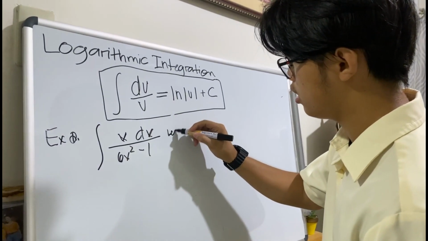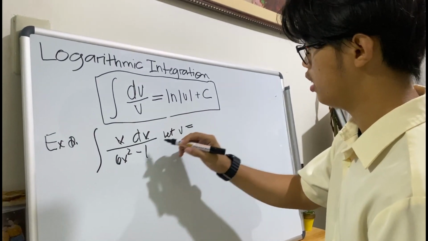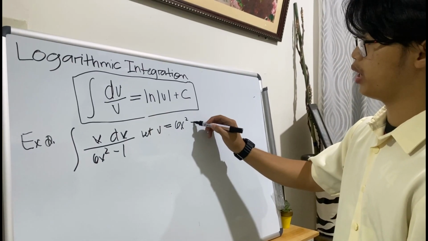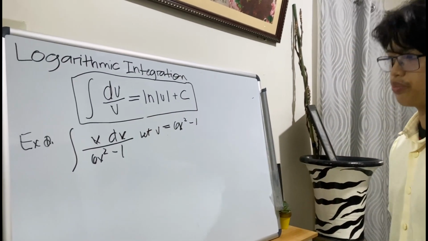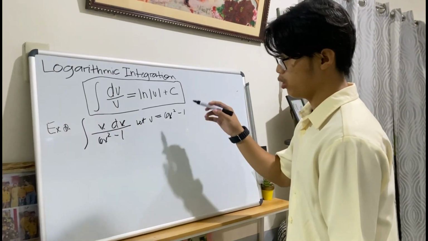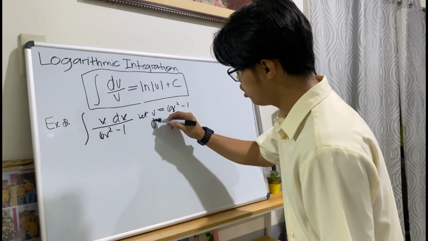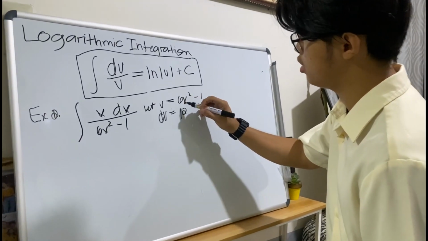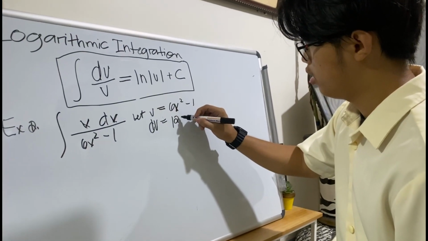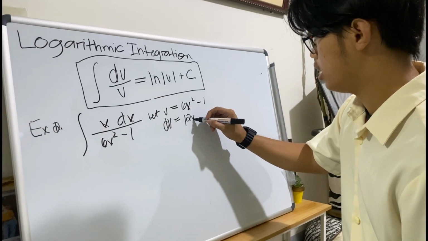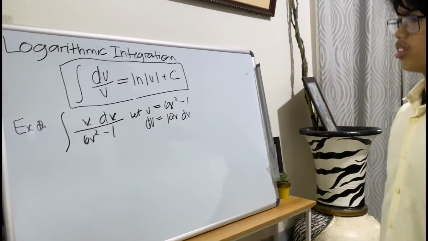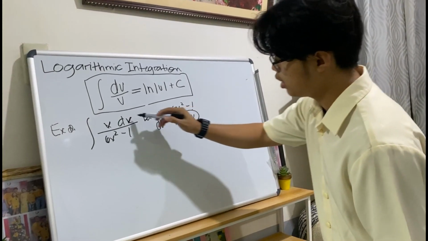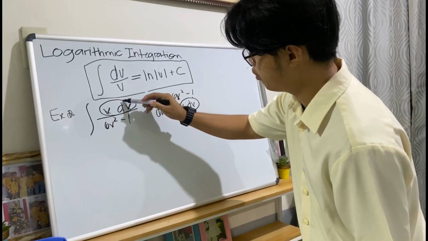So let u be our denominator, which is 6v squared minus 1. If you can see now, you get the answer. If we derive this, we'll have 12v dv. As you can see, we have here v dv, and we have in our integrand v dv.